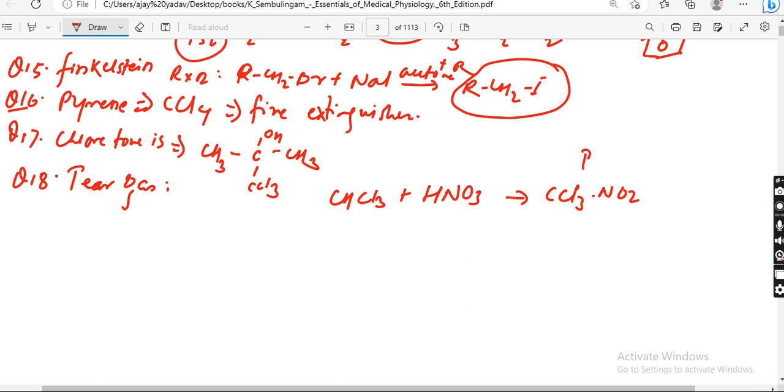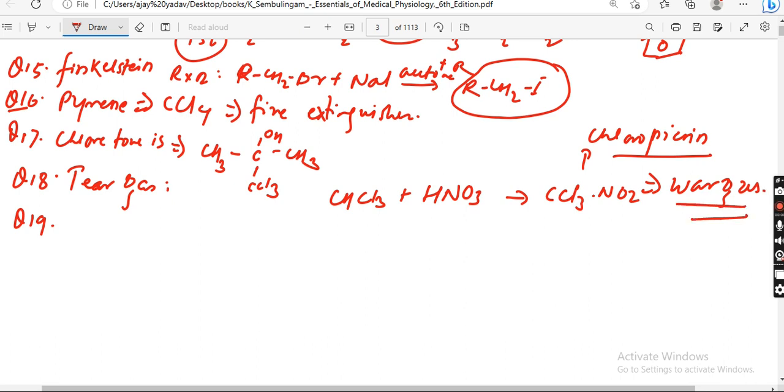So this is actually called chloropicrin. Question number 19. Which of the following is war gas? This is also used as war gas. This was used in war, chloropicrin, so it is also called war gas. That's it.